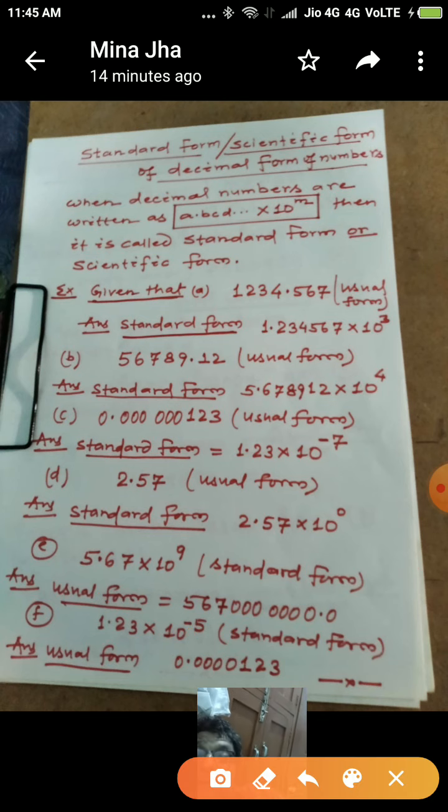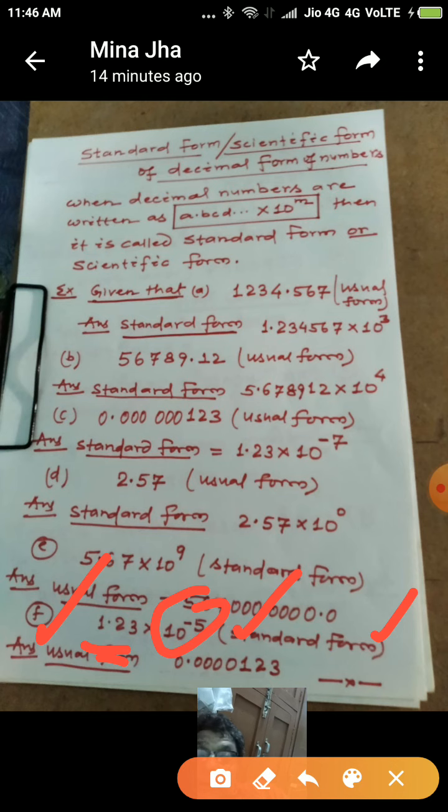Now the next example is 1.23 into 10 to the power minus 5. It is given again in standard form, and we have to bring it into usual form. So you see, this part is to be removed to make it usual form. We see the power, that is minus 5, and since the power is minus, the decimal should move 5 places left from the present place.